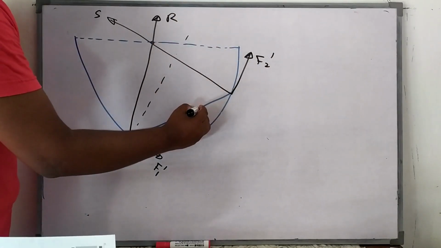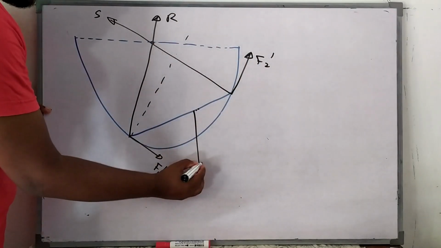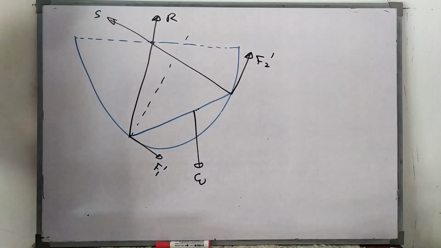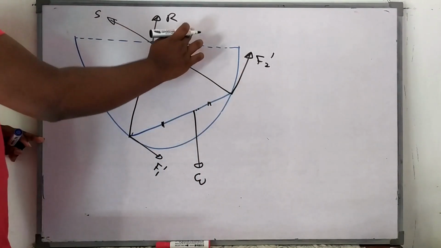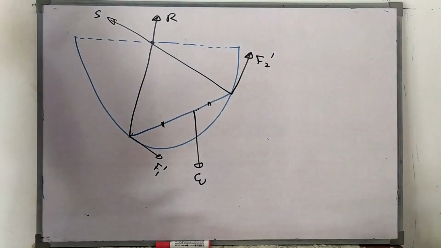So this dotted line means the resultant of the friction and the reaction.